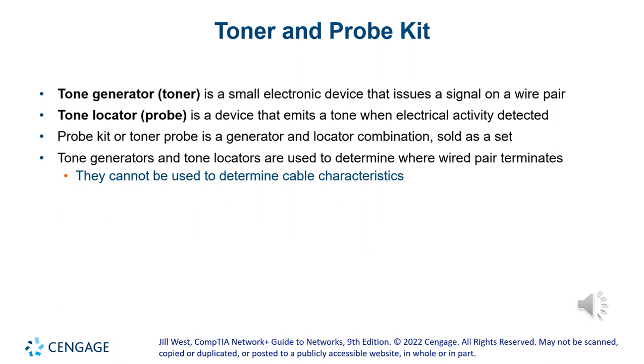One of the old testers was a tone generator and the tone locator probe. It's a pair of devices that you use together. One of them generates a tone, and when you connect it on one end of the wire, it will send a signal through the wire. And then you have a probe that is more like a sensor with a tip, that you touch to the cables to see where the signal is.